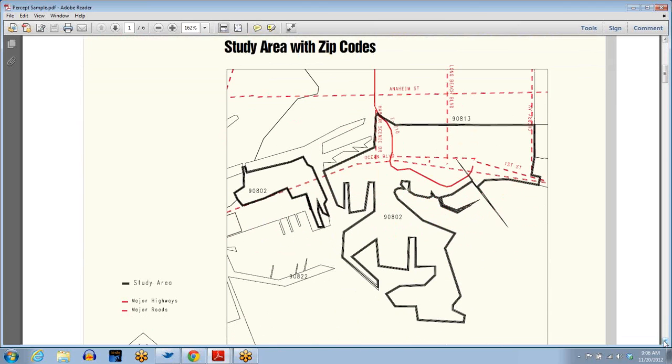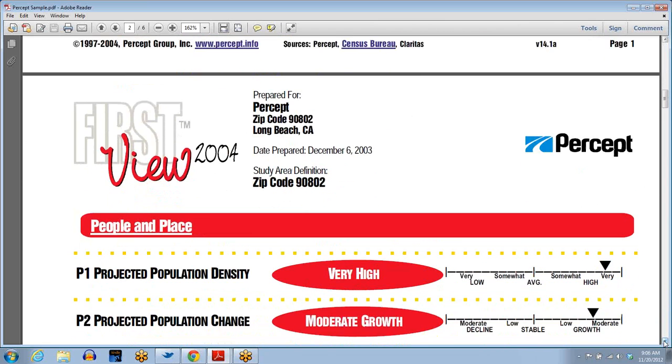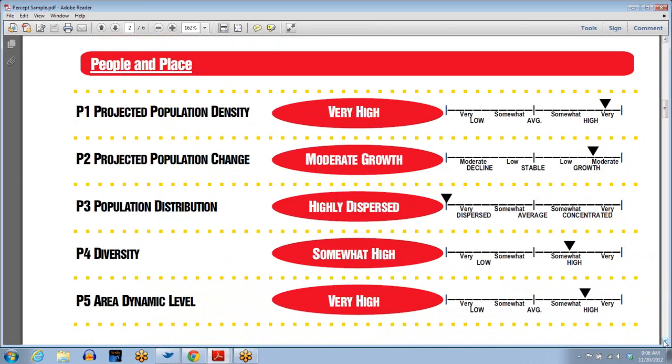Now, in this particular study, they're looking at one zip code, and look how it's broken up. When you look at the people and places, you can see the population density. How close are the people packed together? In this case, it's very high. They're in apartments, in duplexes, bunched together in an inner city type setup.